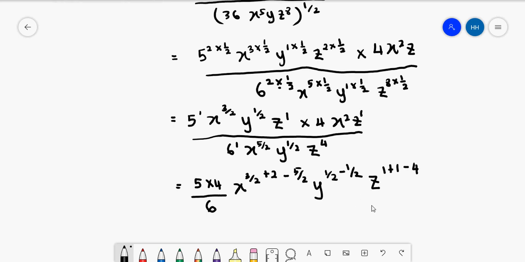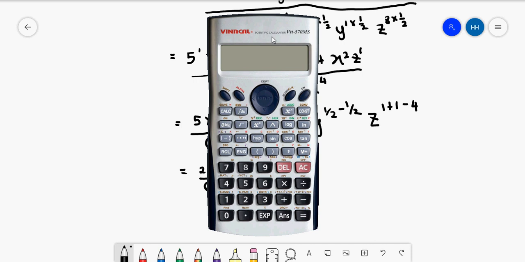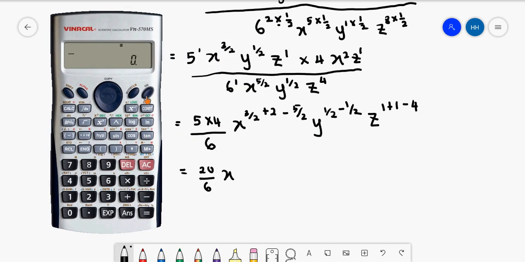Okay, after that, you solve the number. 5 times 4 is 20 over 6. And then x to the power of, you solve this. Don't be scared of the fraction, you can use calculator. 3 over 2 plus 2 minus 5 over 2 is equals to 1.